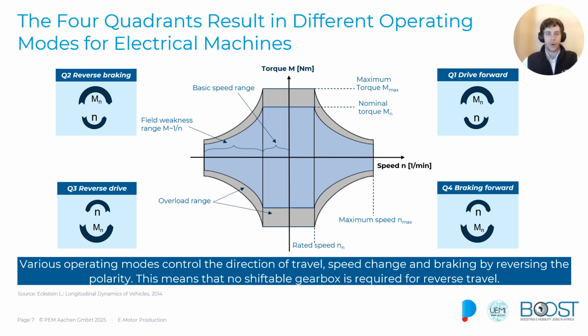Like braking forwards in Q4, we can use the braking energy in the reverse braking as well to charge our battery. This process is also known as recuperation and the reason why some smaller cars use high power motors, because with a higher power I can recuperate more energy to extend my range.